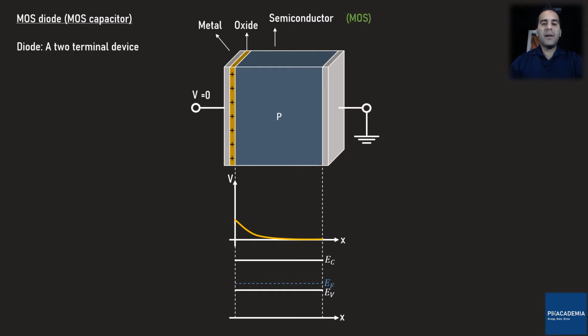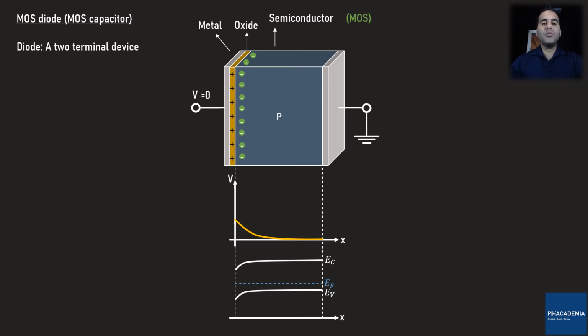These trapped positive charges attract some of the minority charge carriers, electrons, to the oxide semiconductor junction, and therefore the conduction and valence bands bend a bit down near the oxide semiconductor junction. Note that the Fermi level remains fixed since no current is passing through the device. This means we are still in the equilibrium position.